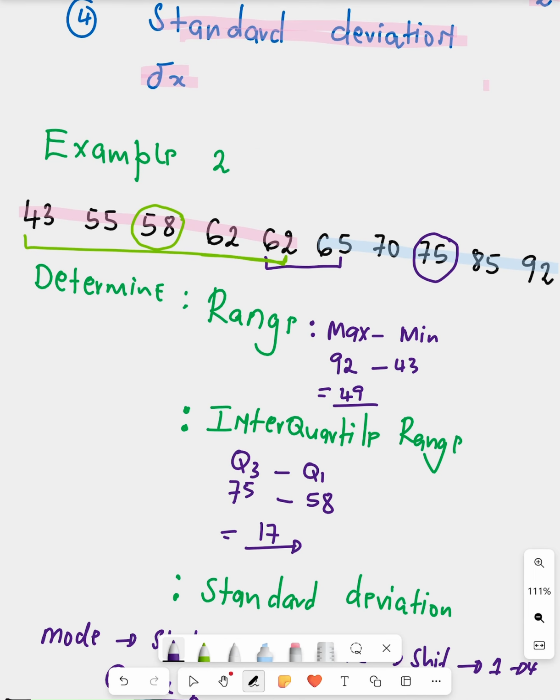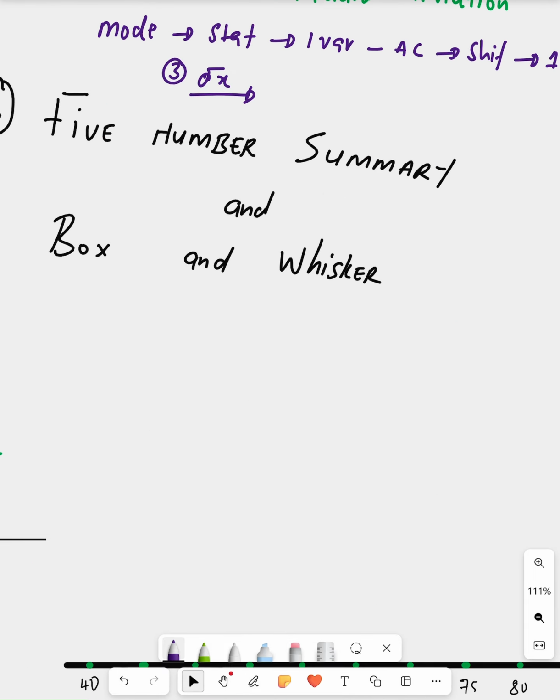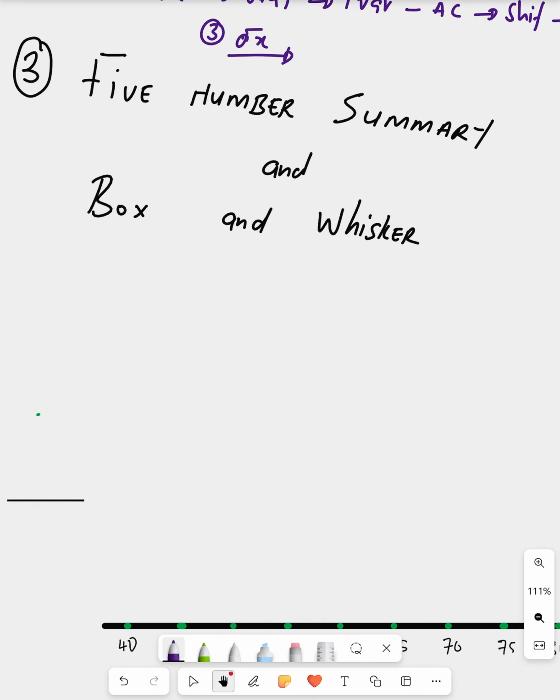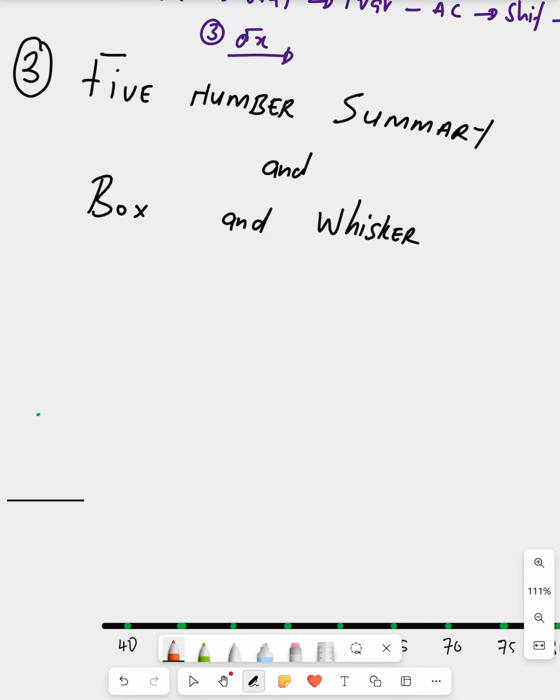So let's move to the 5-number summary and the box and whisker. The 5-number summary consists of: number 1, the minimum. Number 2, the maximum, the highest value.